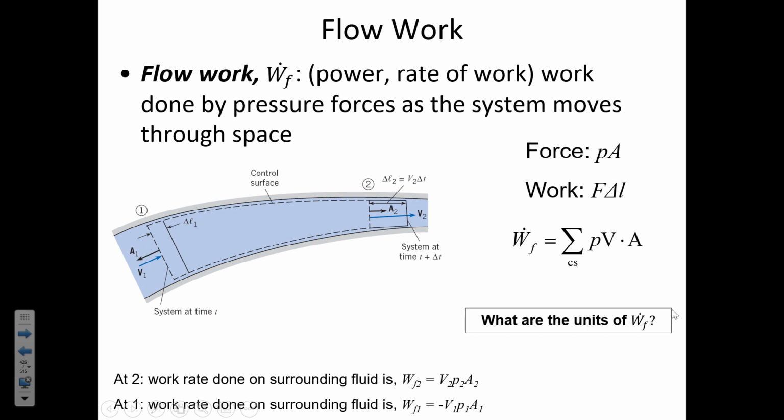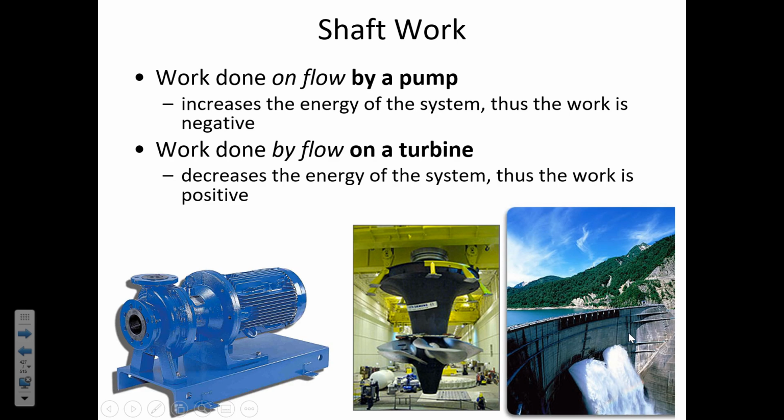So the units of work we're going to talk about as we consider the difference between shaft work, that is the work that's being done by a pump or onto a turbine.